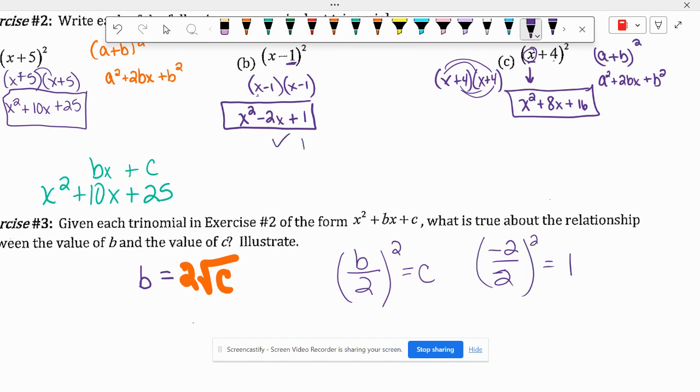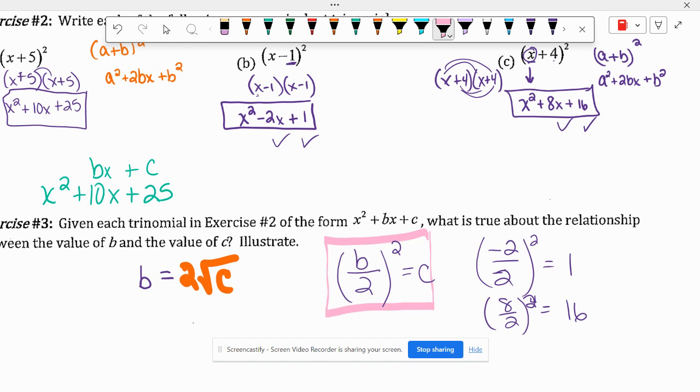Oh my gosh, it works. Let's check the third one. What's 8 divided by 2? And what is 4 when I square it? Oh my gosh, look at that. So this is how you find the value of b for completing the square.